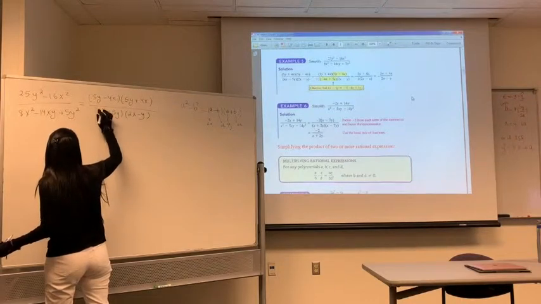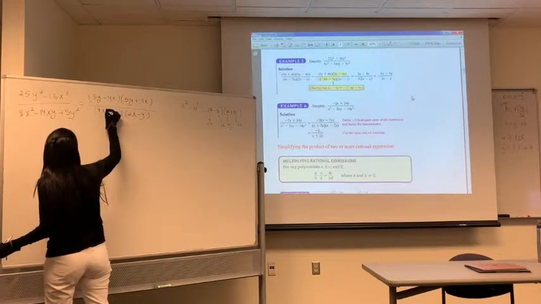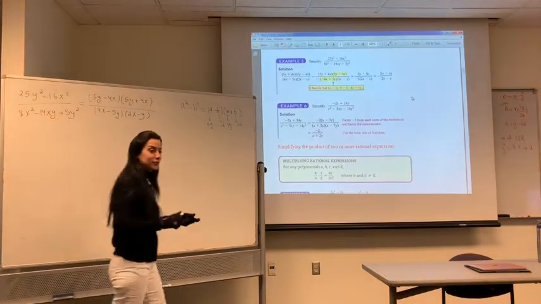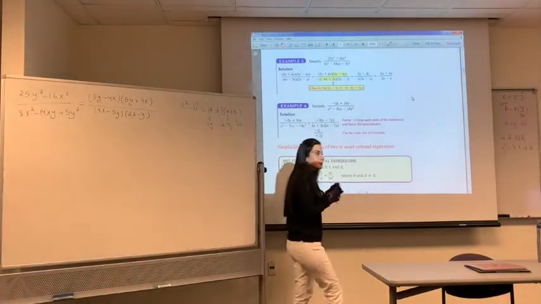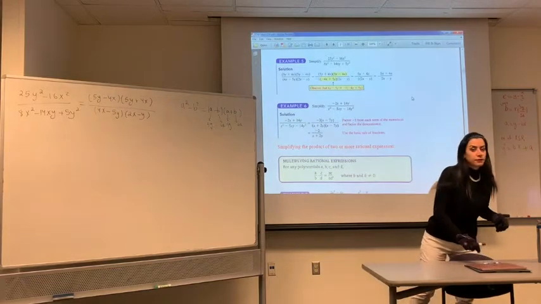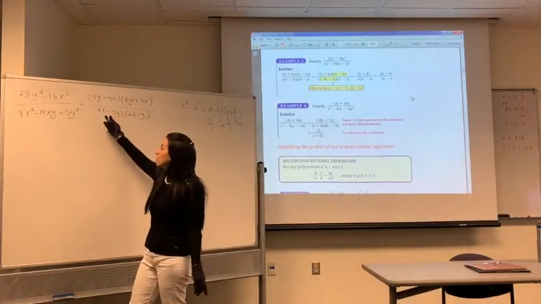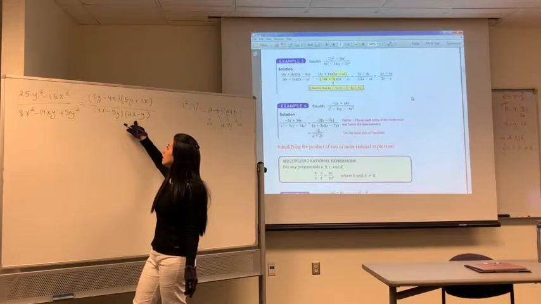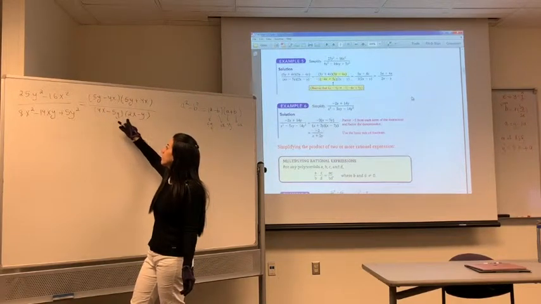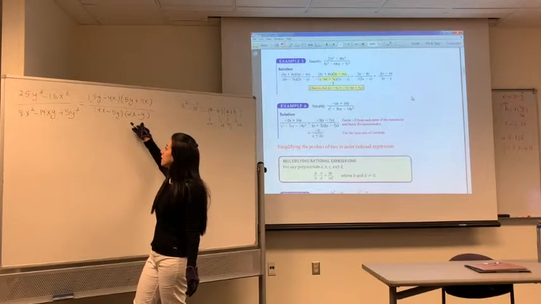Oh, actually, you know what? No. Look at this. So first you get something like this. So if you factor this one, you will get 4x minus 5y, 2x minus y.